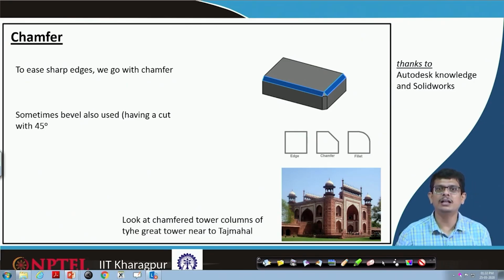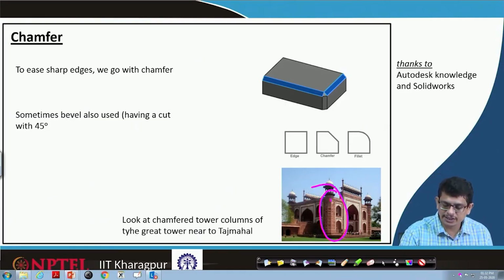For example, here let us look at it from an architecture point of view. Near the Taj Mahal there is an entrance gate, the Great Tower. If we look at these columns, these are not rounded kind of column towers. These are something like a plate, and the next plate attached to another plate.